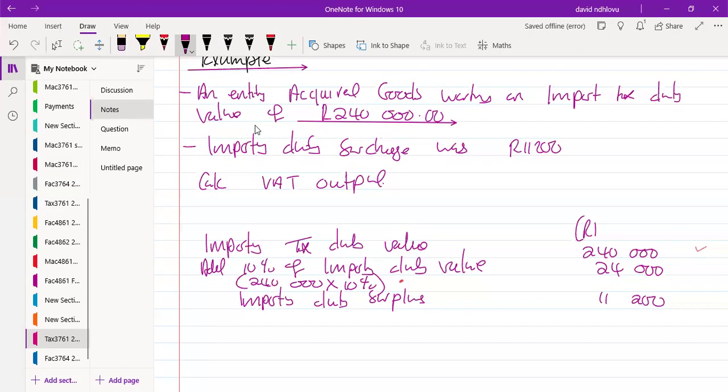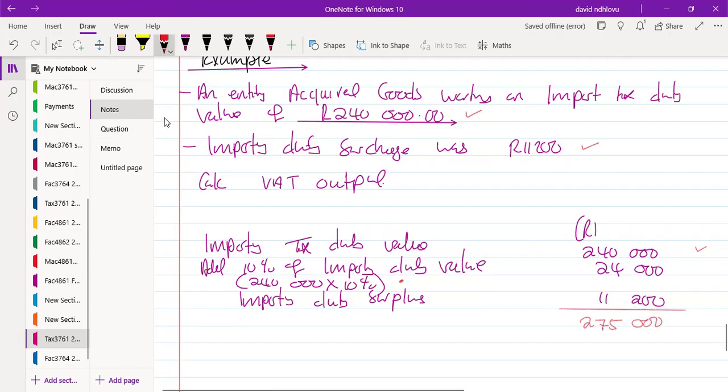Whenever you get such a calculation, this will be provided by SARS. Then you add everything and you get your total. So we have 240,000, which was given, plus 10% of that figure on top, plus the import duty surcharges, which will be provided to you. Then you get an amount of 275,000.